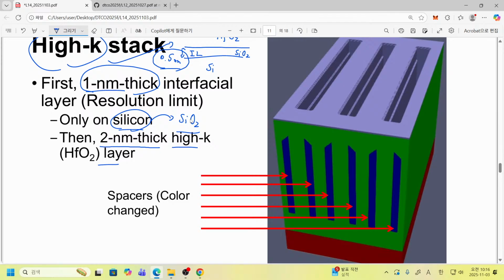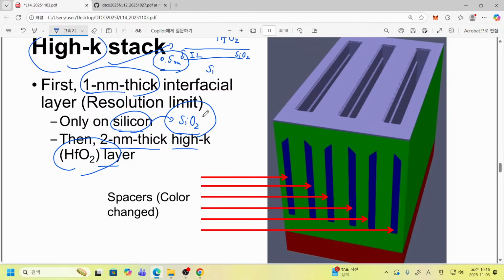Oh, but here we have some differences between interfacial layer formation and the hafnium oxide high K layer. The interfacial layer is done by oxidation, so only silicon becomes silicon dioxide, but the hafnium oxide layer is just deposited, so it covers everywhere.